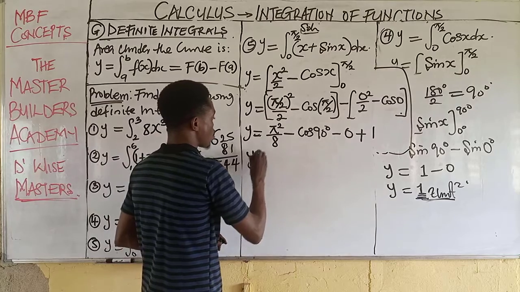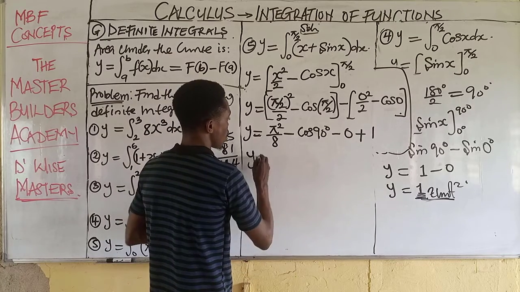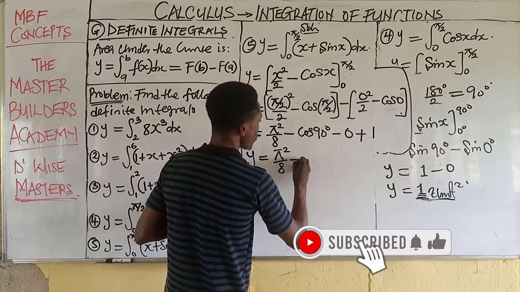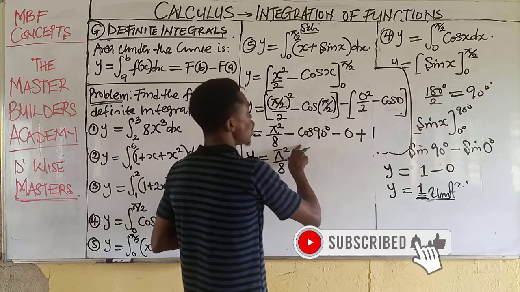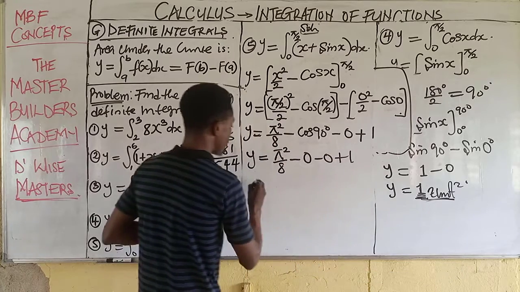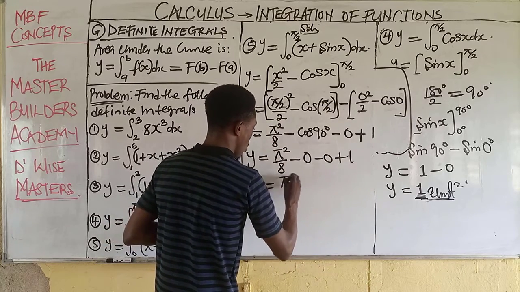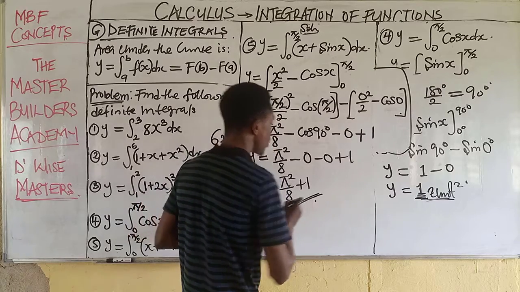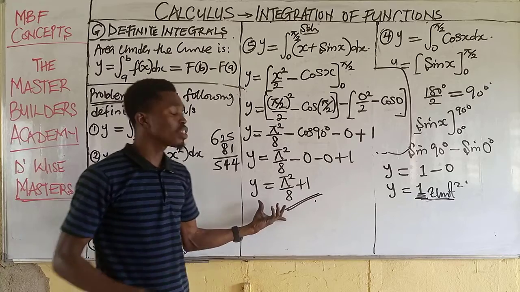Now this will give us y is equal to pi squared over 8. Now what is cos 90? Cos 90 degrees is 0, minus 0 plus 1. Then finally our answer becomes pi squared over 8 plus 1. This is your answer to this question.